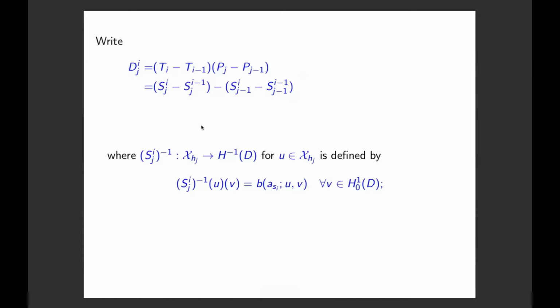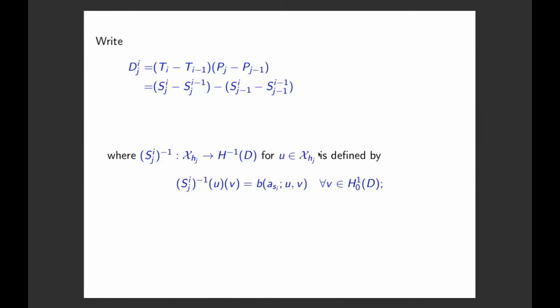Now, to simplify this, we need to define this inverse operator, which is from this finite element space Xhj to the space H minus 1 D, which is the dual space to this space H01 D, and it's defined in this form here.